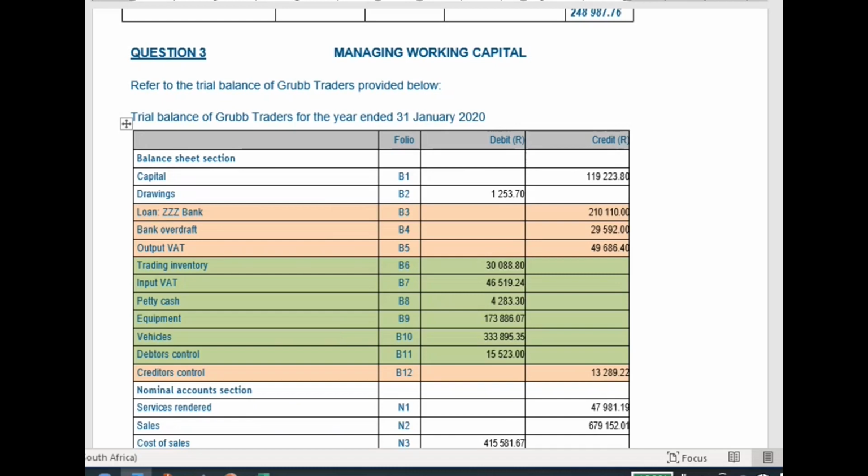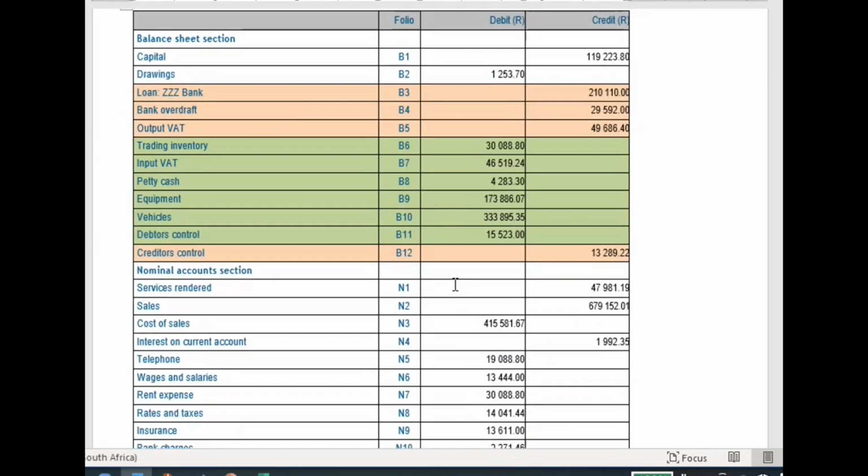Now what we need to identify is, for each asset or liability, is it current or non-current? Let's have a look at trading inventory. Trading inventory is current. We're going to leave it there. Input VAT is current, so we leave it there.